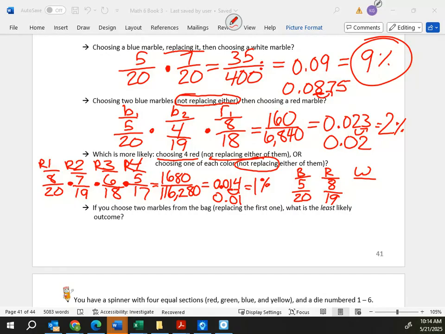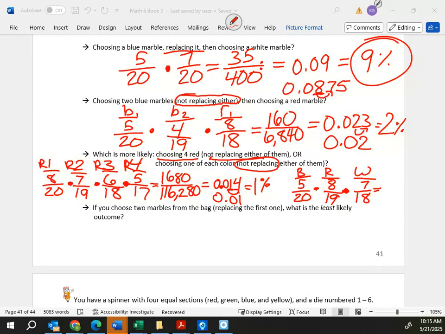What is the probability then of choosing a white? Jack? 7/19. There are 7 whites, and it goes down to 18. Then we have to multiply those across. What decimal do we get when we multiply all of those across? Not decimal, what fraction do we get?